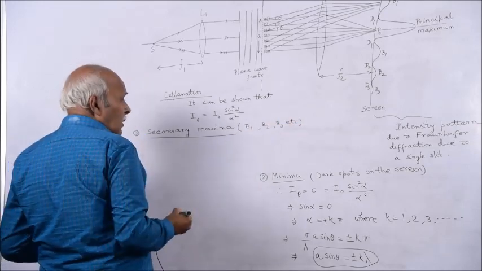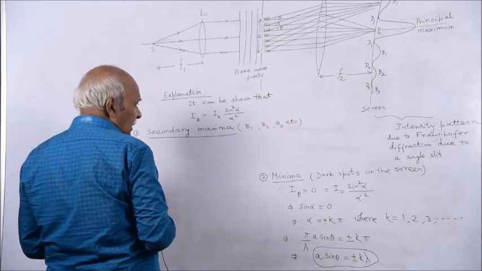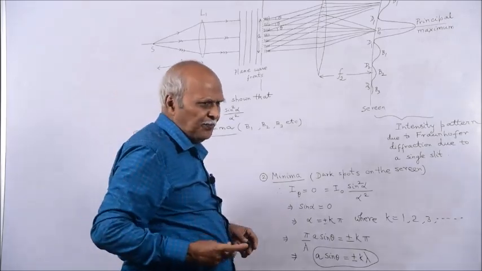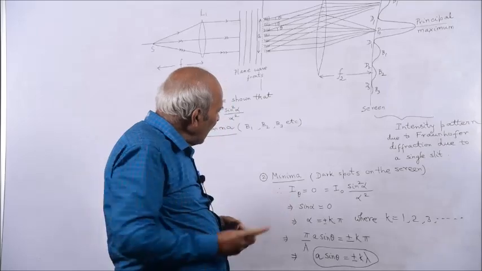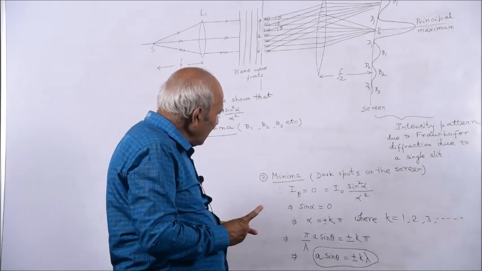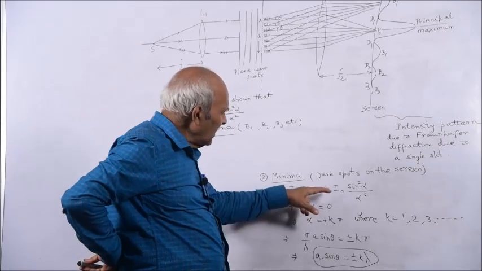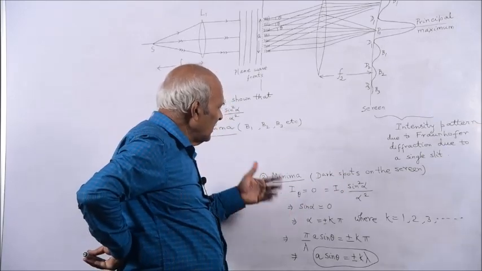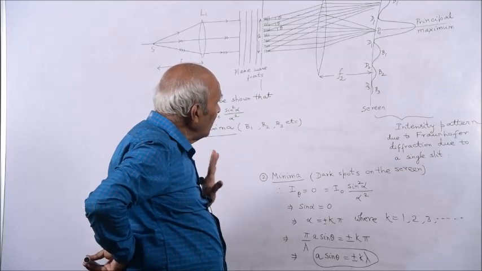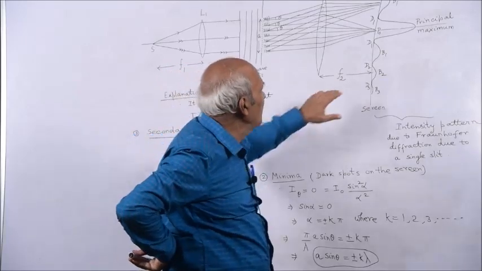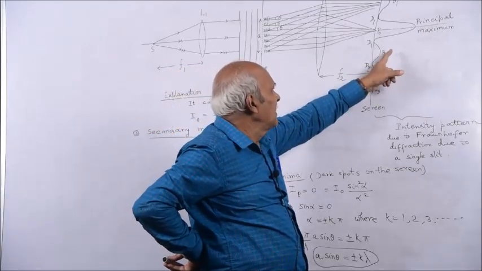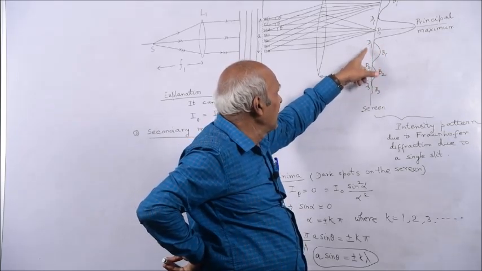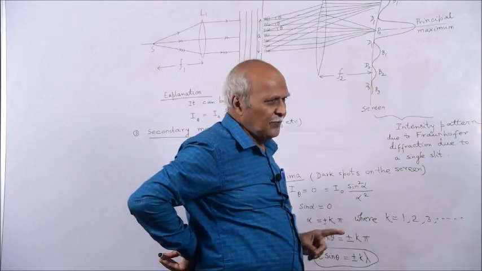Here what will be the condition? We cannot say that I theta is maximum, because I theta maximum will give complicated things. That is possible, but in that way we will not do. We will do it in a simpler way, because from the diagram we can see that B1 is present approximately in between D1 and D2.